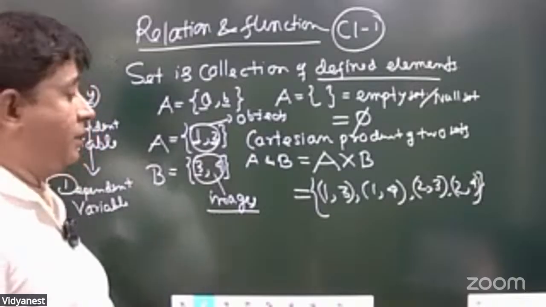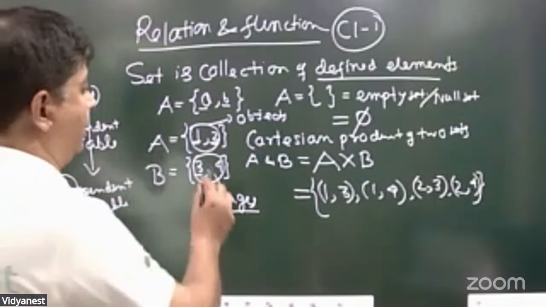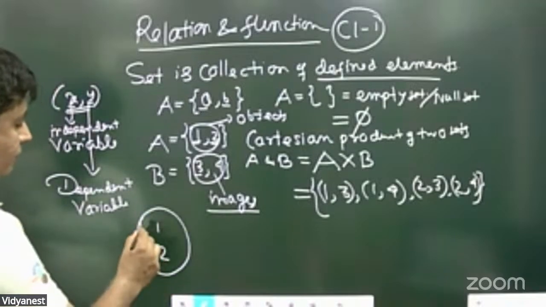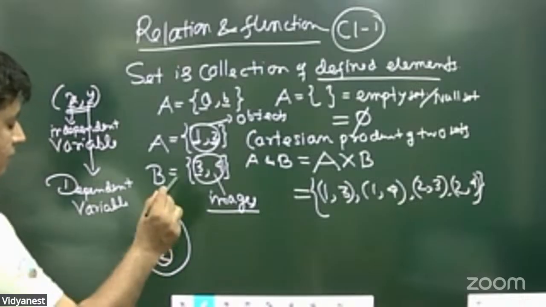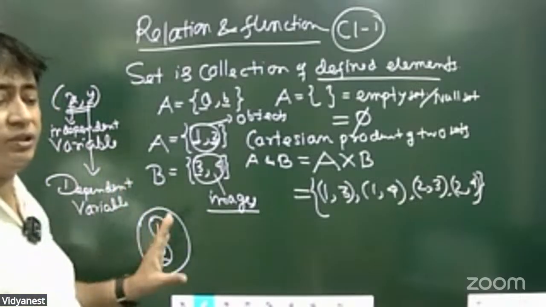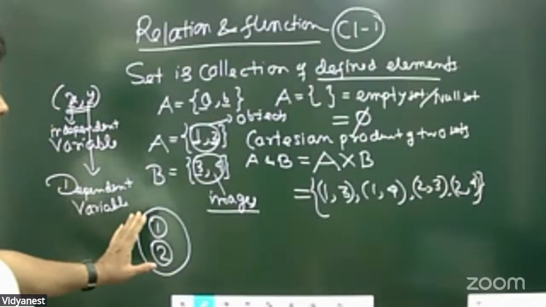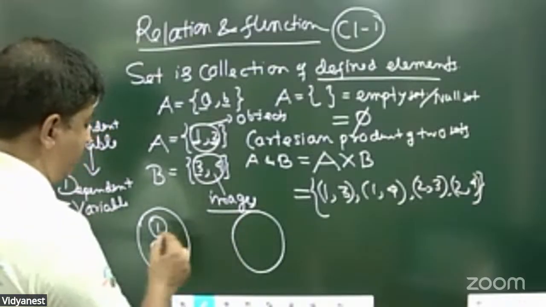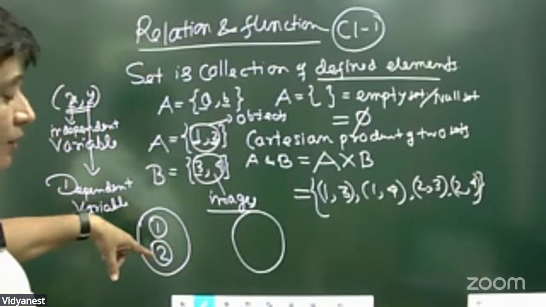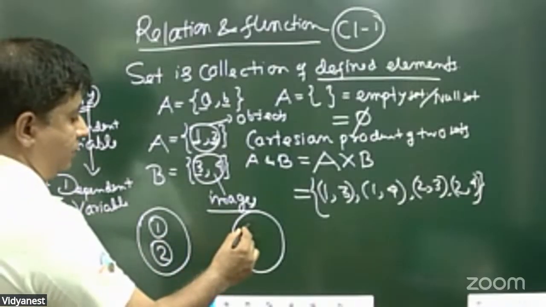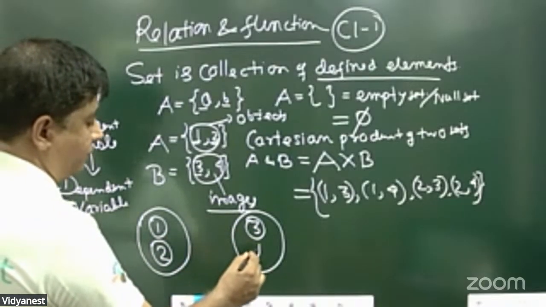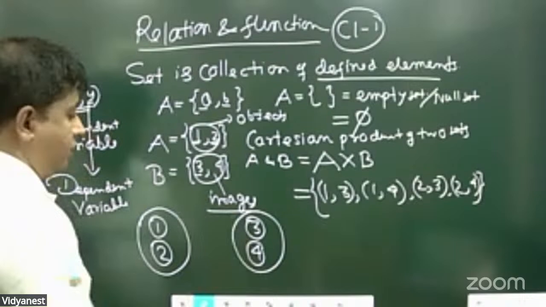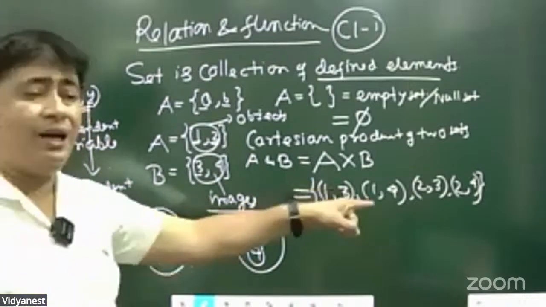Suppose in set A, this is your house. Your parents are waiting for you, suppose father and mother waiting for their son and daughter. So how many pairs can we form?